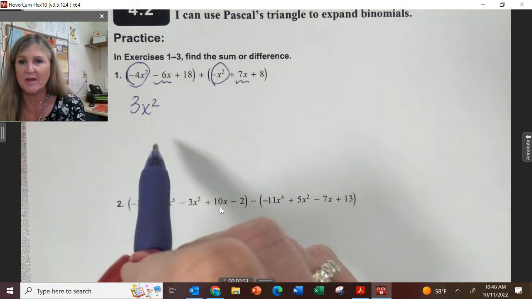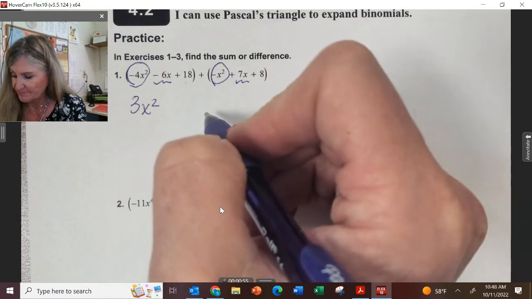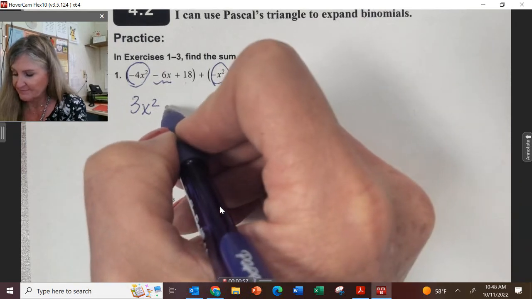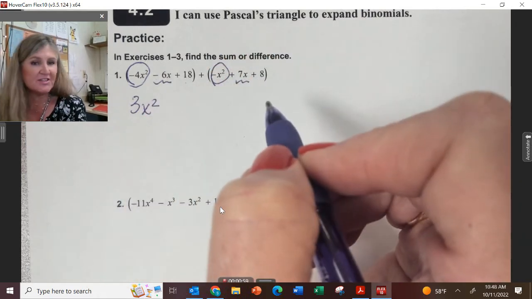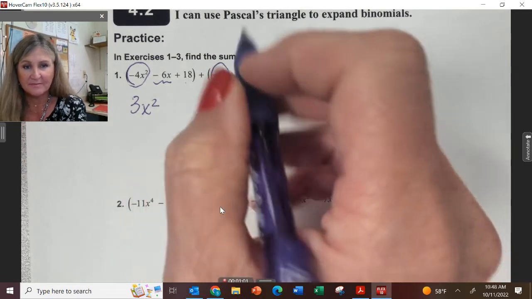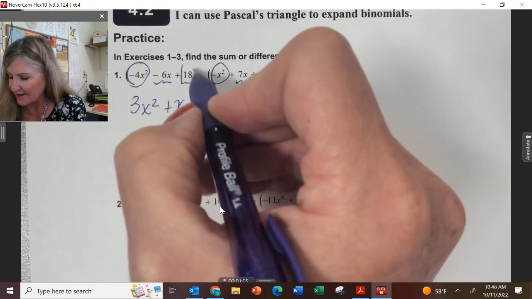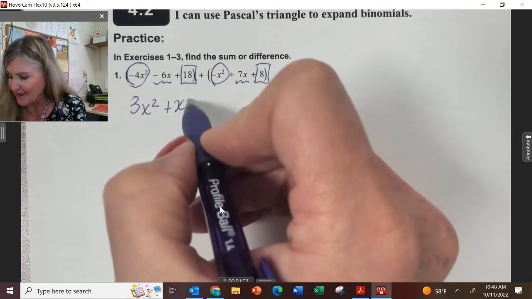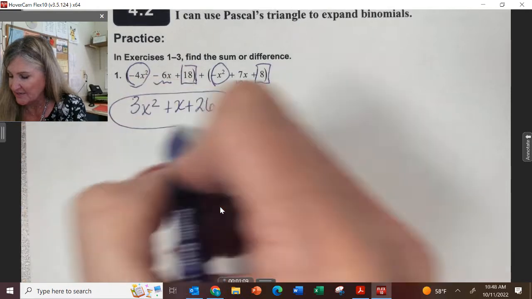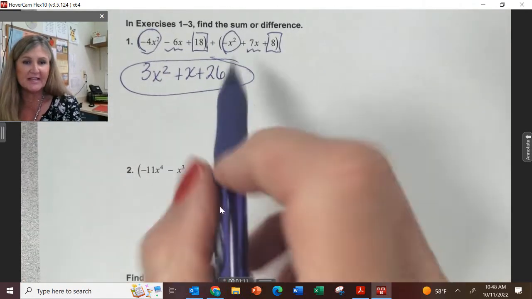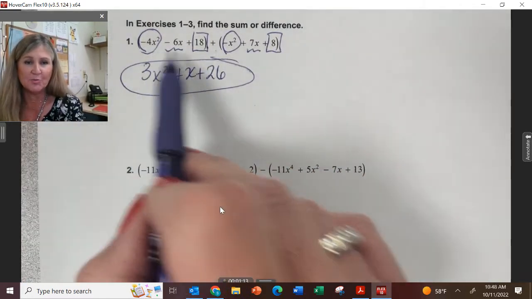What do we get? Negative 6x plus 7x, you guys. What is it? We're adding, just a plus x. And then the last terms we have that are alike are the 18 and the 8. We add those two, we get 26. So that's our answer.